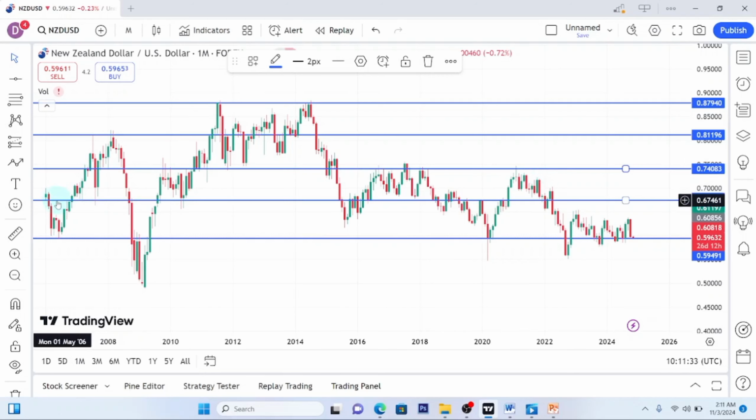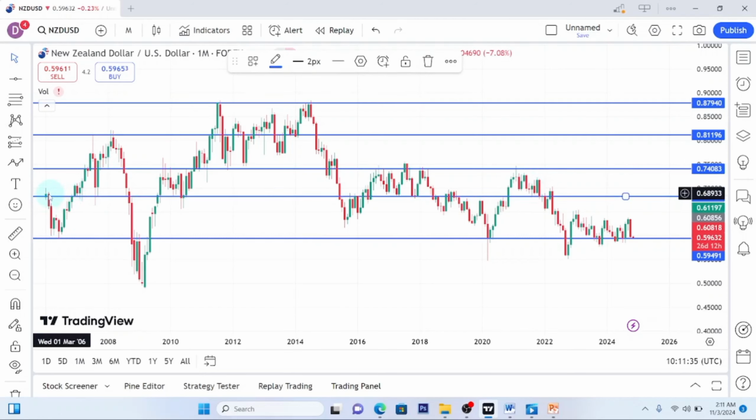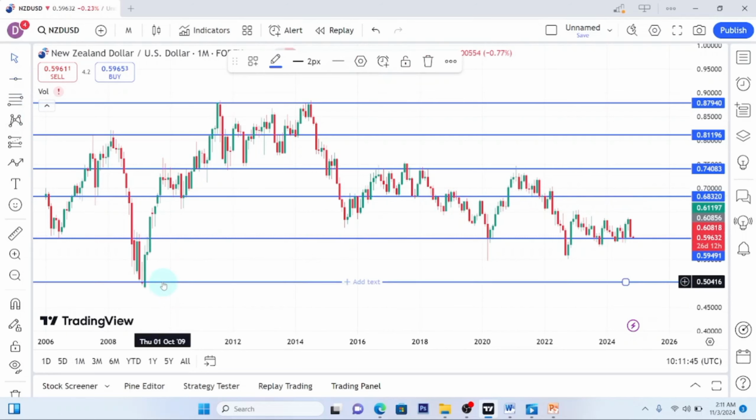That's how you mark it. At this point, you can see there's a resistance here, and there's a support here. Then the last but not least, we put it here. So this is how we mark the monthly resistance and support.